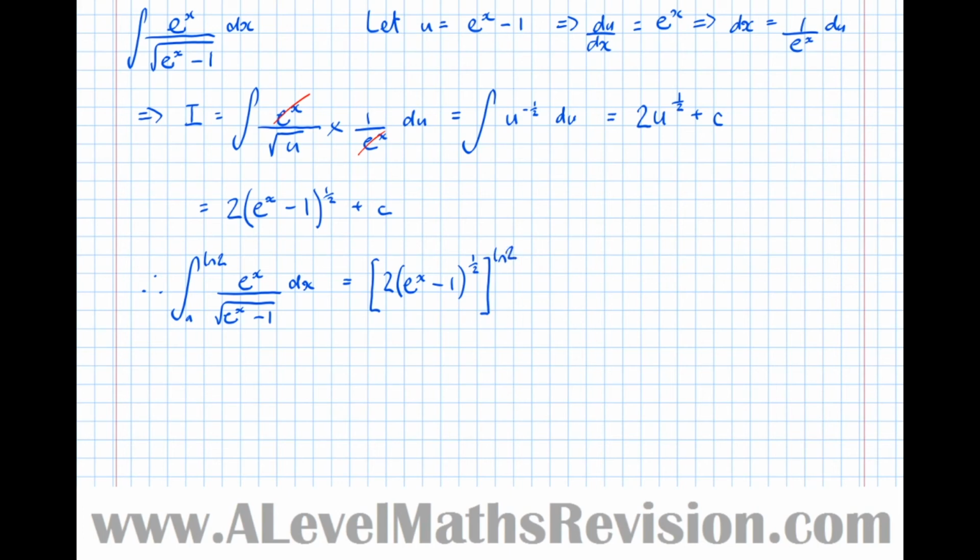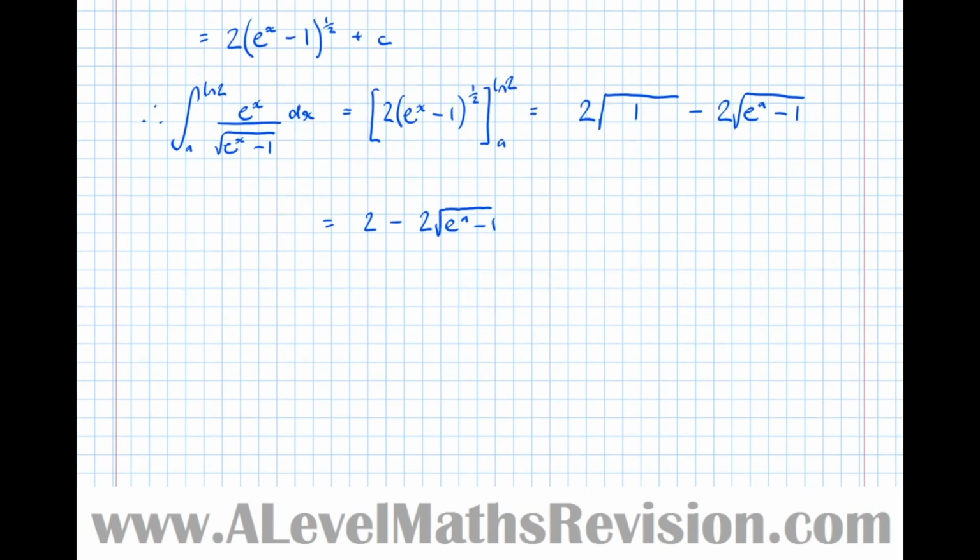between log 2 and a equals, so that becomes 2 and power of a half is a square root, so e to the log 2 is just 2, take 1 is 1, so 2 root 1, take 2 root of e to the a, take 1, which is equal to 2, take 2 root of e to the a, take 1.